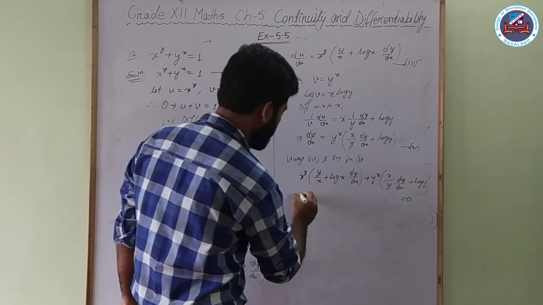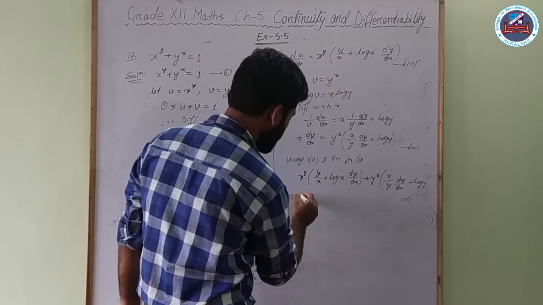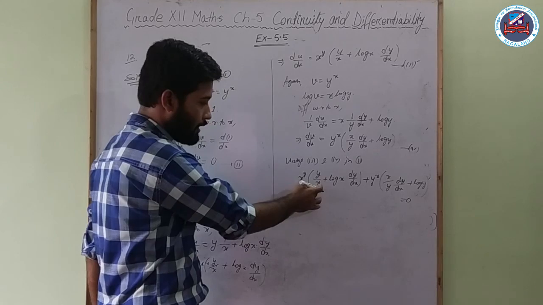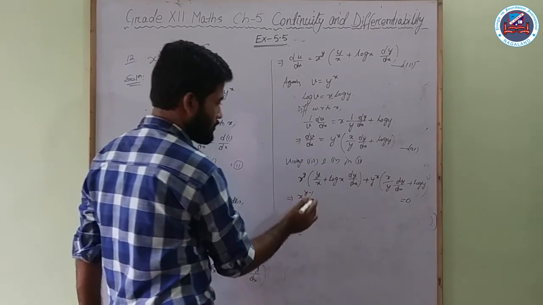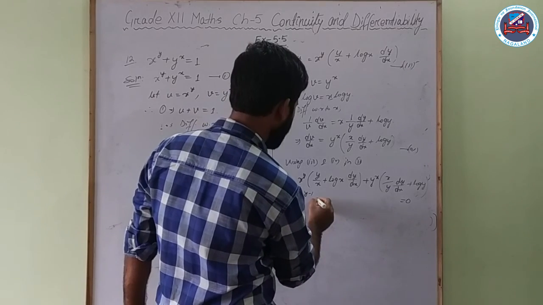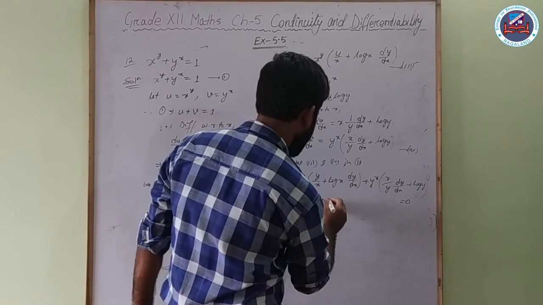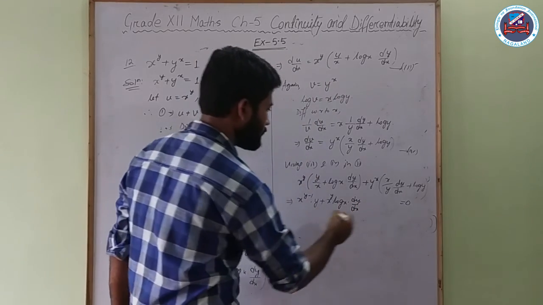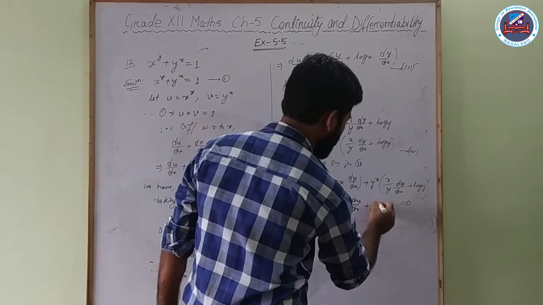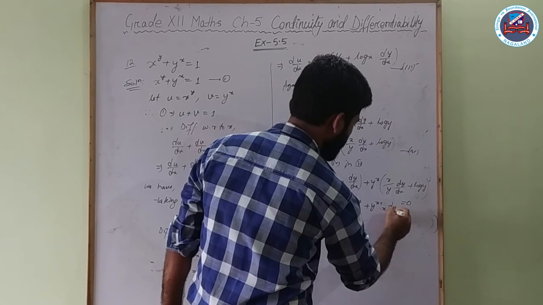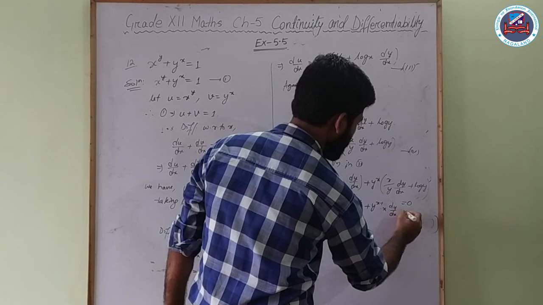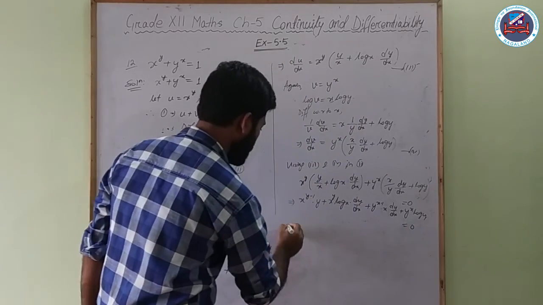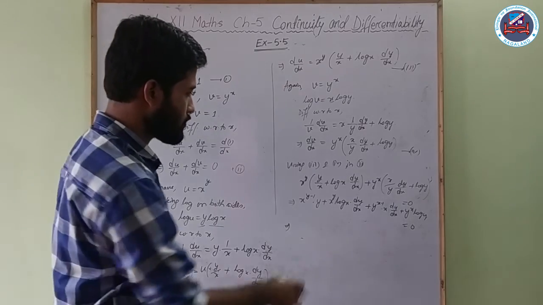So this can be written as, if I multiply this, x to the power y minus 1, because we have x to the power y and there is a x in the denominator, so there will be x to the power minus 1, so I can write it together, into y plus x to the power y log x dy by dx, and this can be written as y to the power x minus 1 into x dy by dx plus y to the power x log y, and that will be equal to 0. Now we need to find dy by dx, isn't it? So just solve for that.